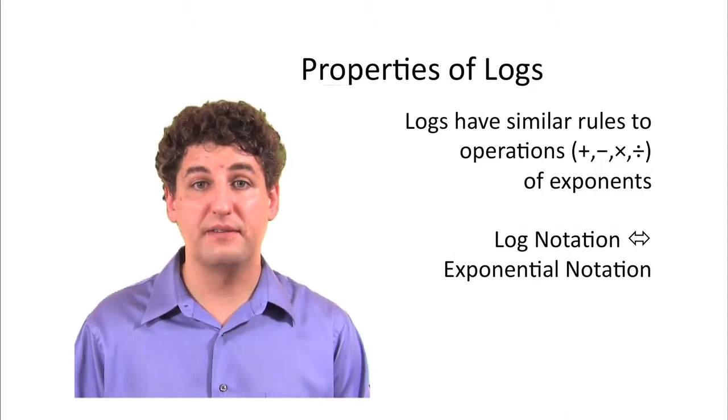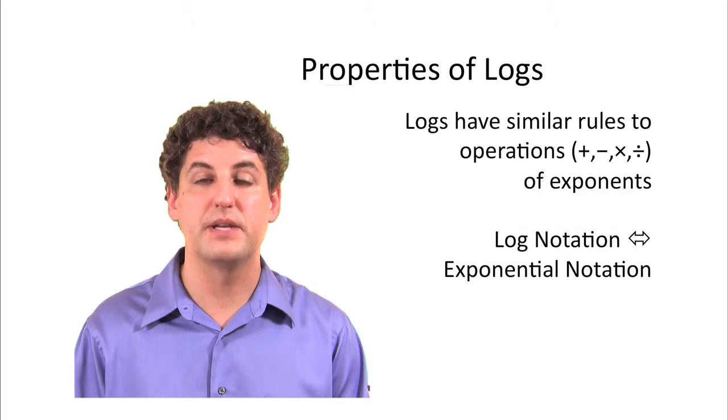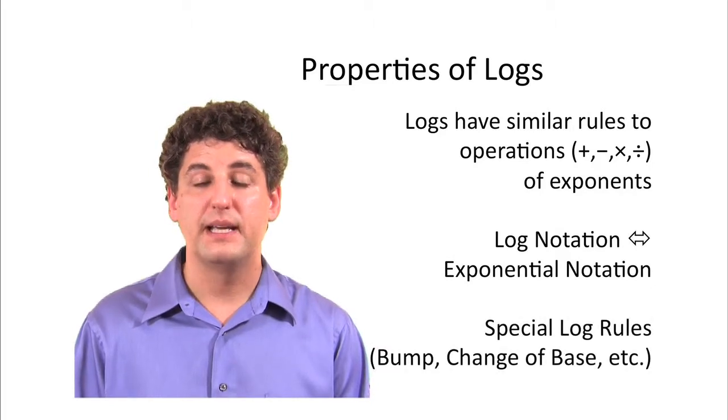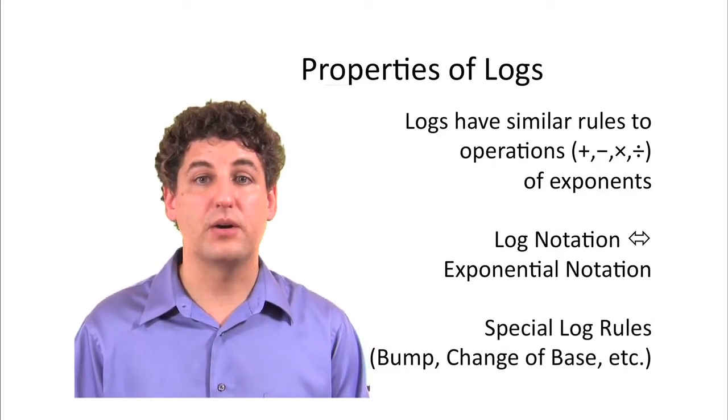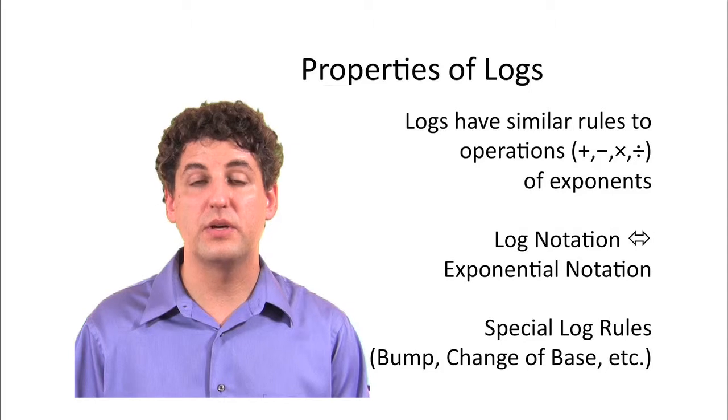Now, the final thing I'm going to leave you with is there are some additional tricky rules that come with this because you're going to need to be fluent in converting between what they call logarithmic notation and exponential notation. So I want you to pay attention to those times where you're flipping between the two.